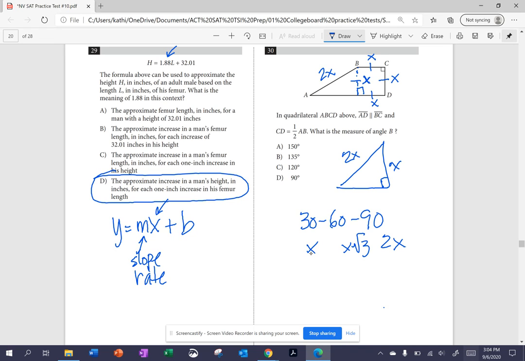So the side that's across from x is 30, and this side is 60. So it's asking me what is this angle right here. So I'm going to add 90 plus 60, and I get 150 degrees.